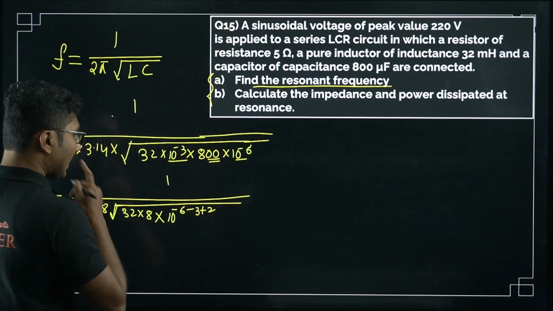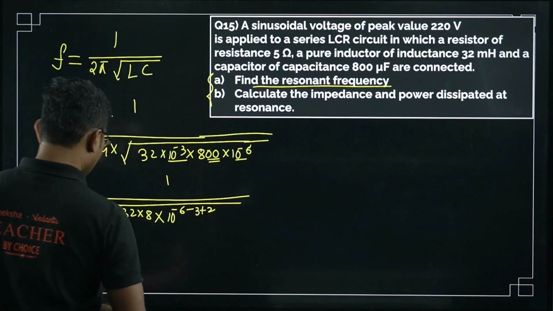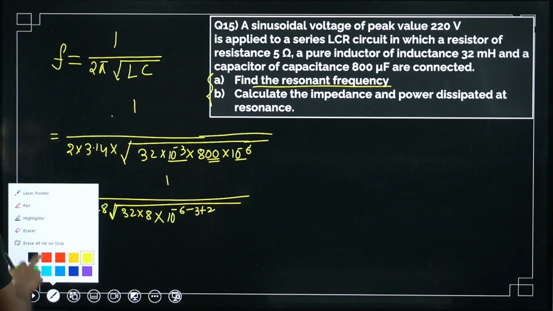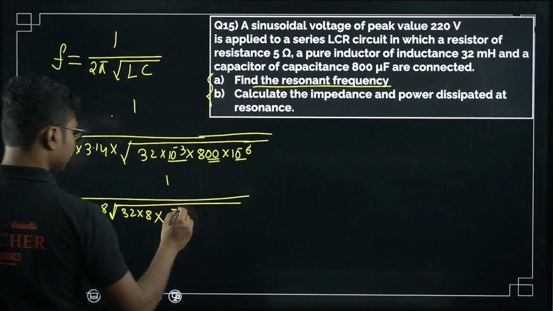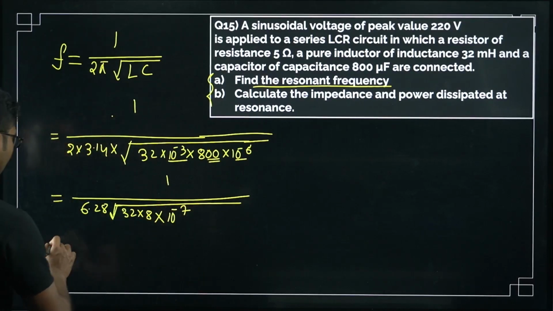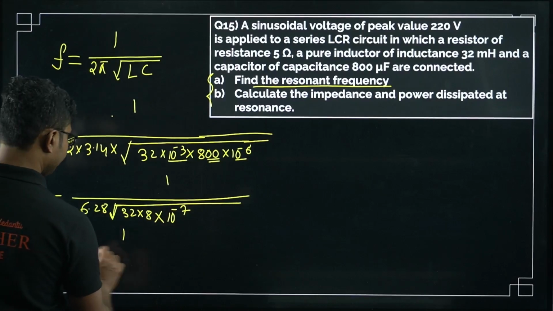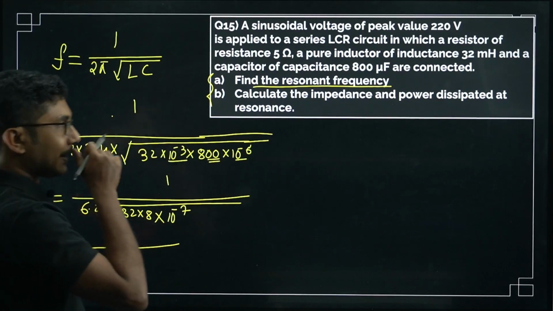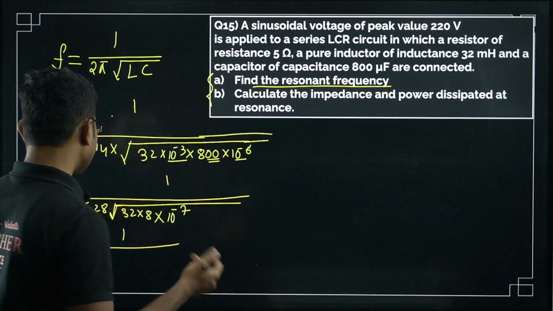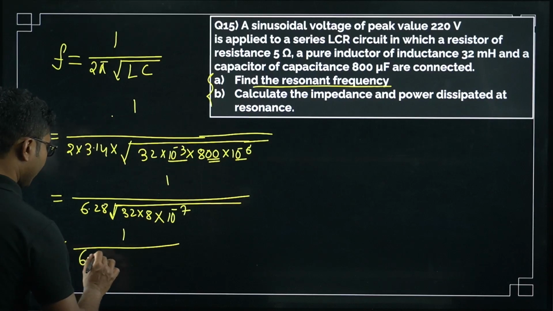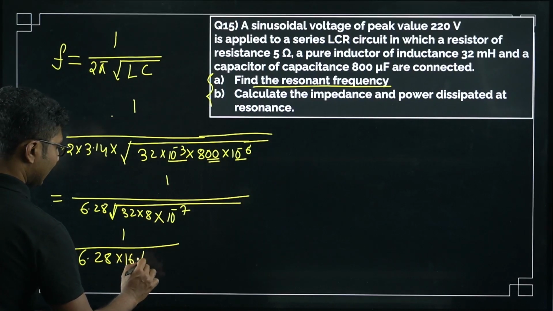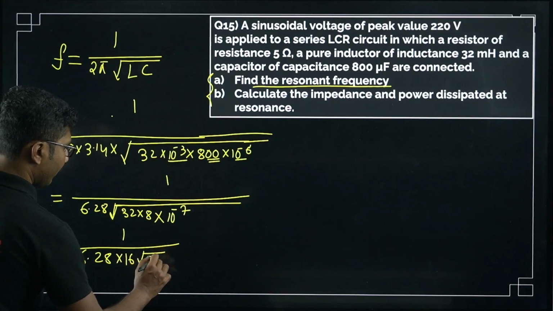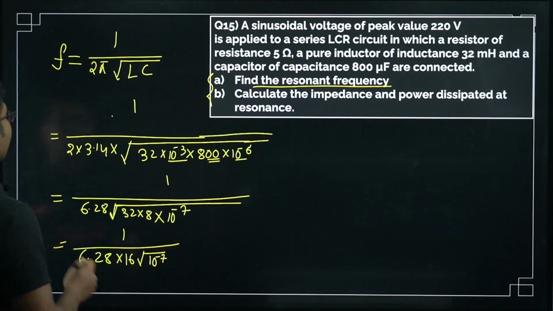Minus 9 plus 2 is 10 to the power of minus 7. So it will be 1 upon 6.28 into square root of 32 into 8, which is 16 into 16. So it will be 6.28 into 16 into 10 to the power of minus 7. Okay, so this is the resonant frequency.